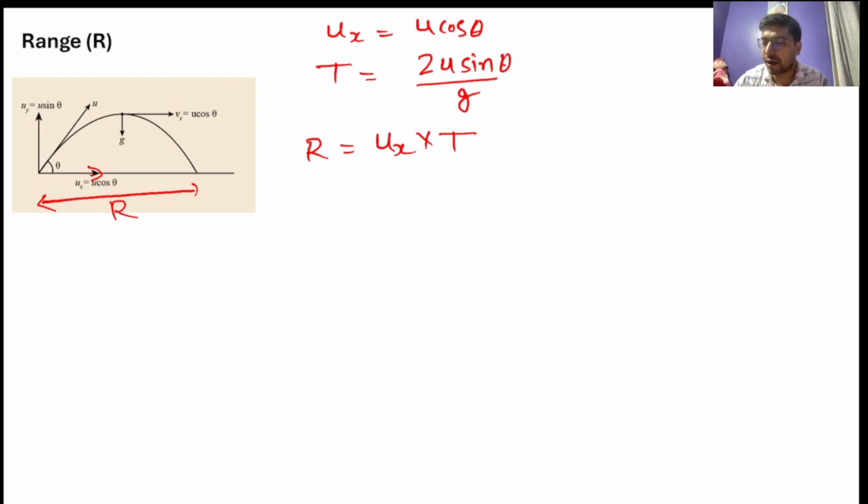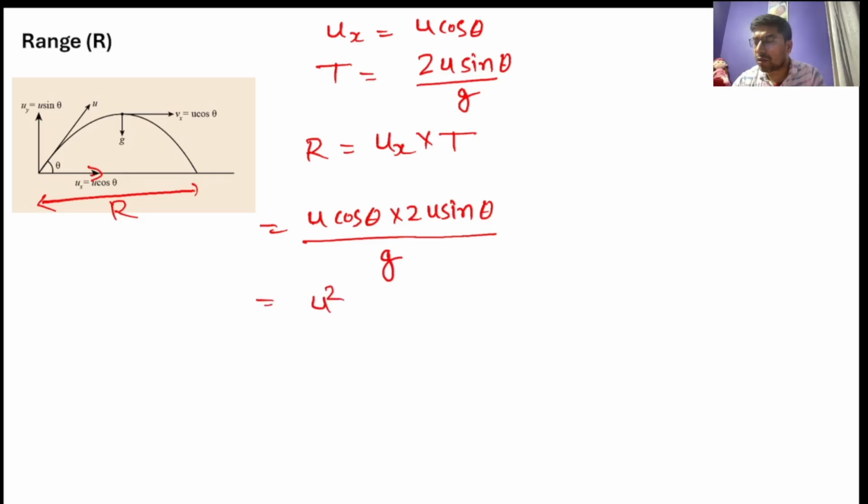So we can write here: range is equal to u cos theta into 2u sine theta divided by g. So u into u becomes u square, and 2 sine theta into cos theta, we already learned in trigonometry, is sine 2 theta, divided by g.